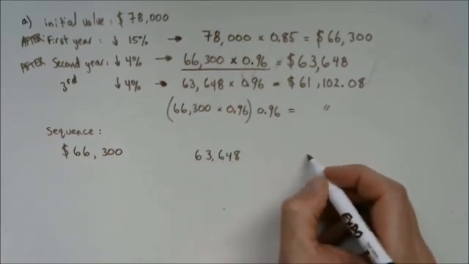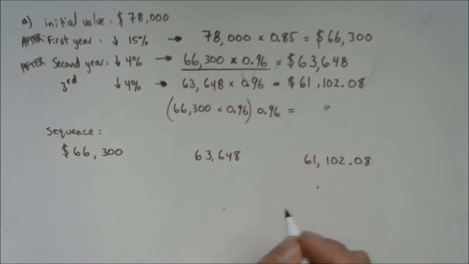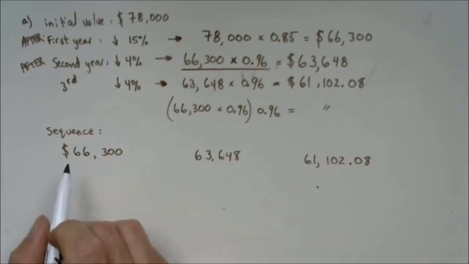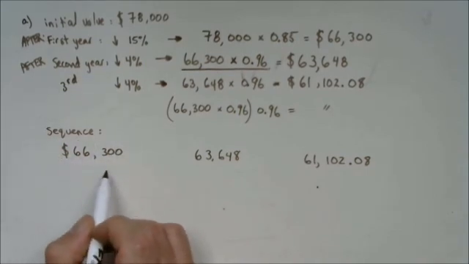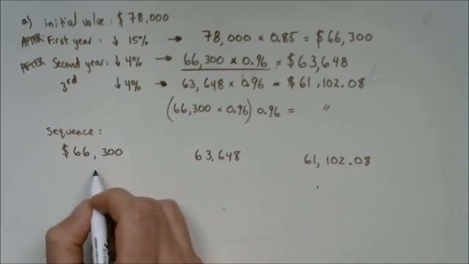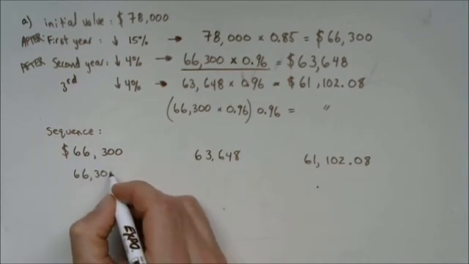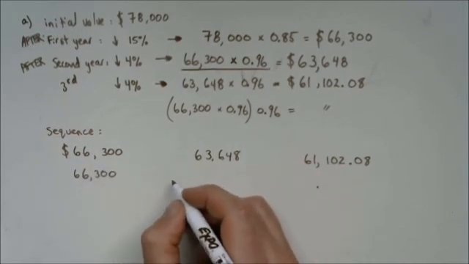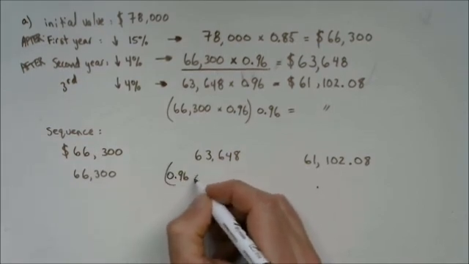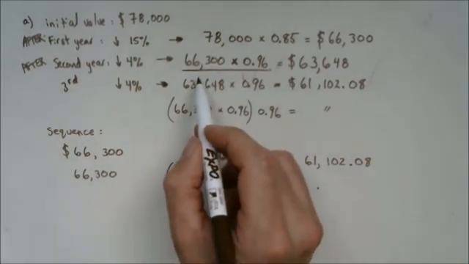And then the third term in the sequence here is 61,102.08. Now, how did we get those values? After the first year, we're going to call this guy our new first term. And so he just is himself. That's just 66,300. Here, though, we have 0.96 times 66,300, right? That's how we got that value up here.